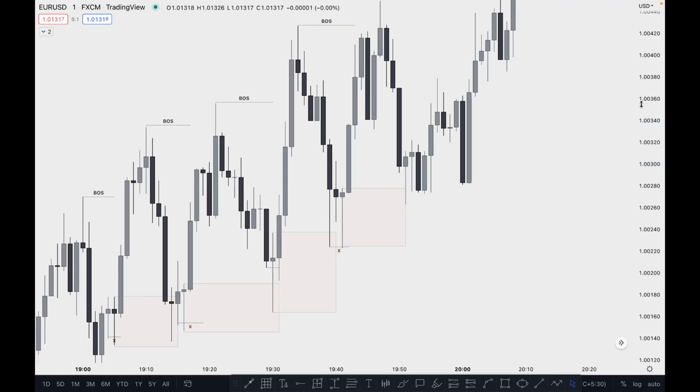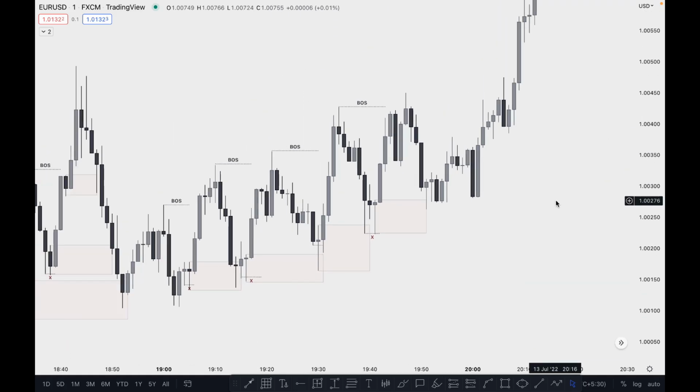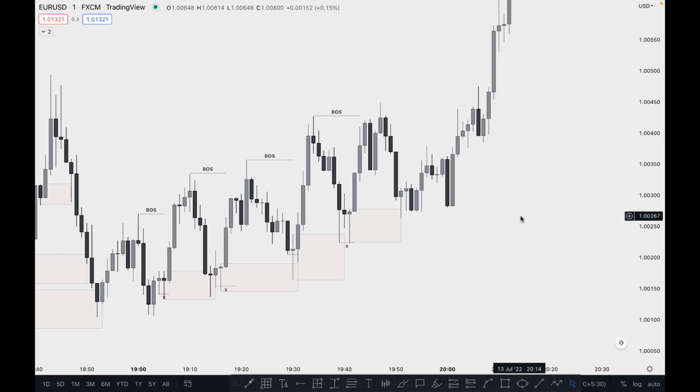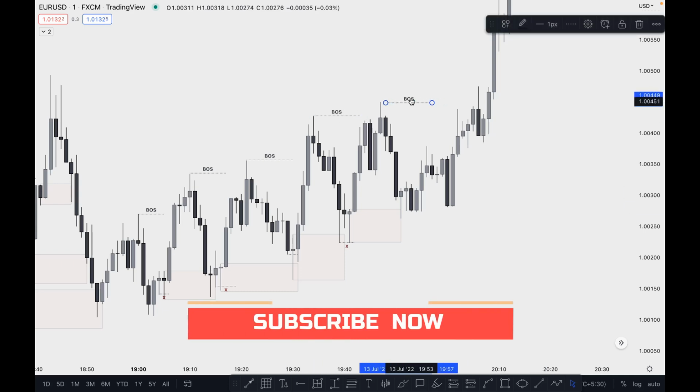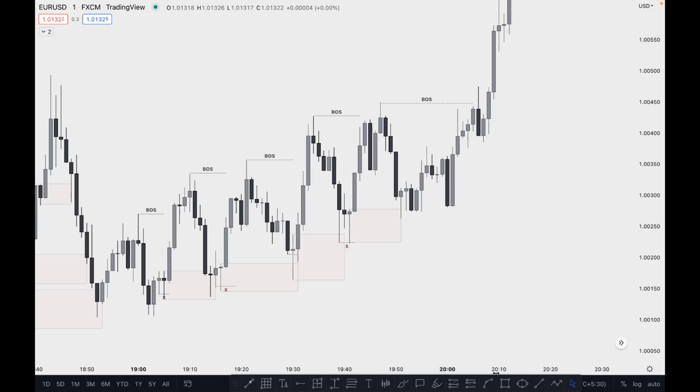So same thing apply on every point and in both directions, in a bullish market and a bearish market. Okay, and after break this structure here, we can see, okay, this one is our zone because it took out the previous candle low here.